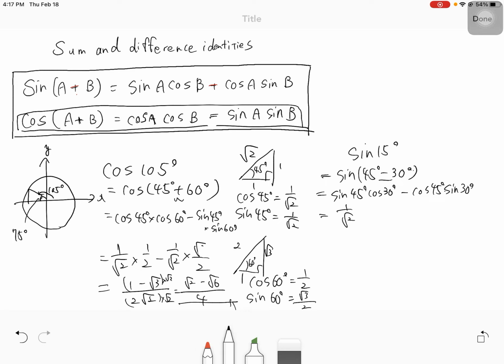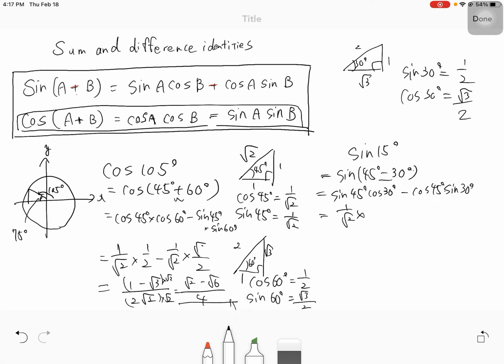And the cosine, let me find the values here again for 30 degrees. Sine 30 degrees is 1 over 2. Cosine 30 degrees is square root of 3 over 2.